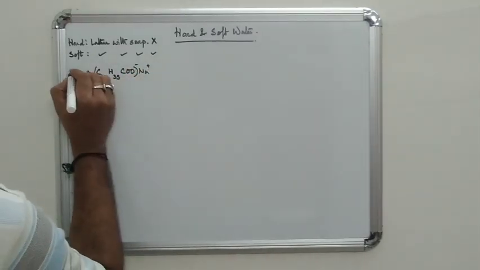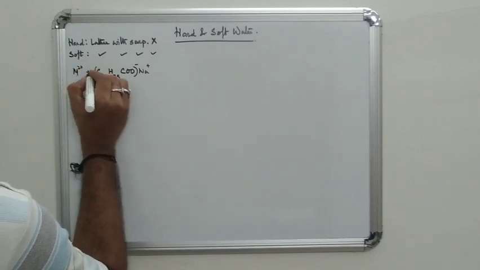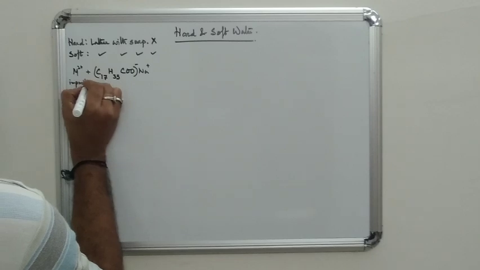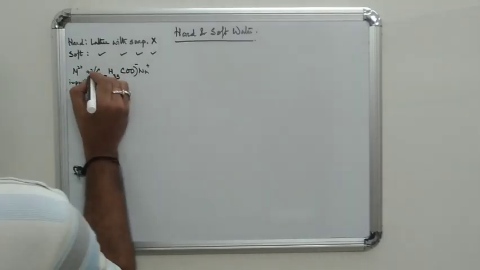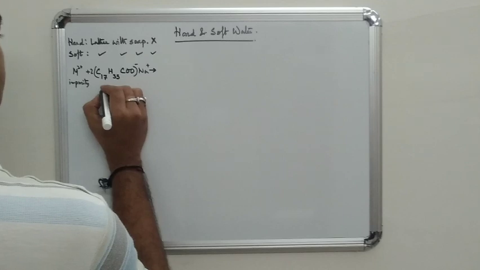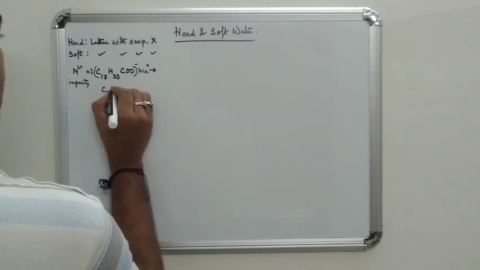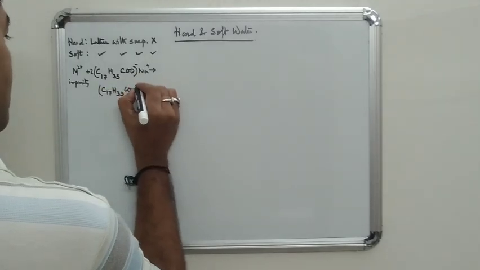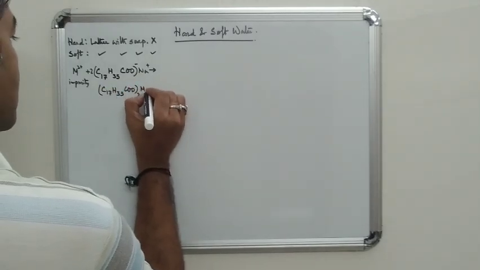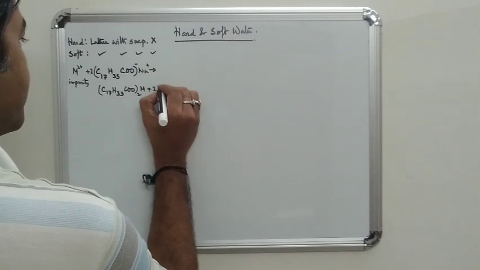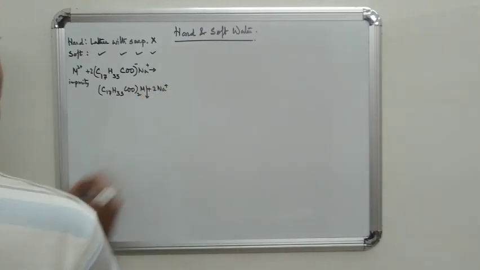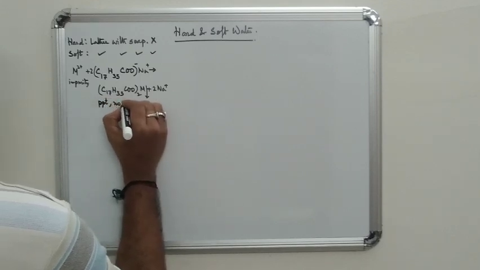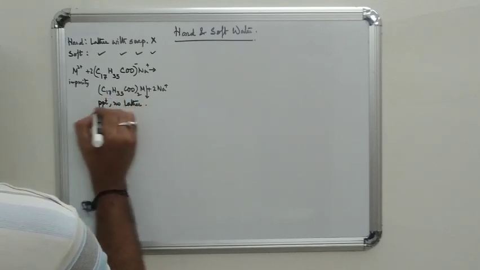On reaction with metal ions present as impurity, it will form a precipitate of this, and does not form soap lather. Precipitate, and thus no lather. Okay.